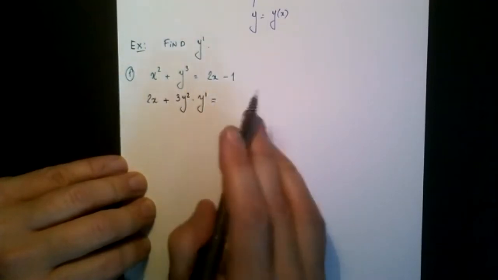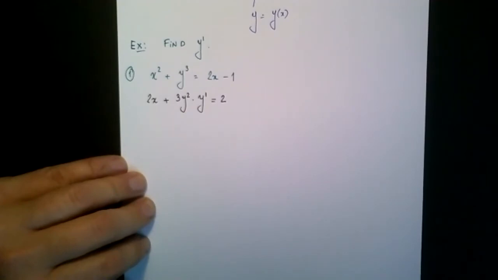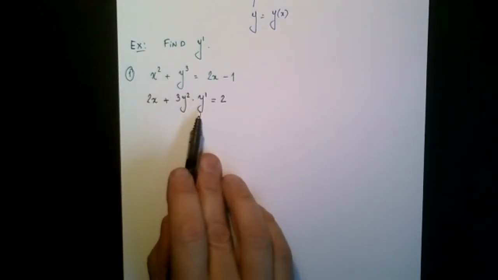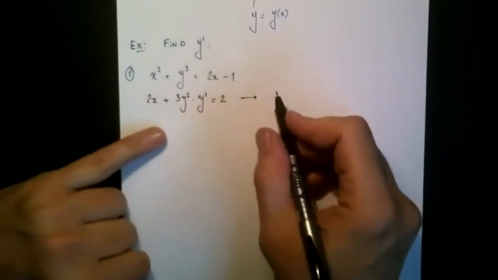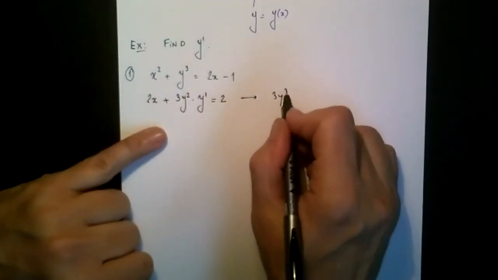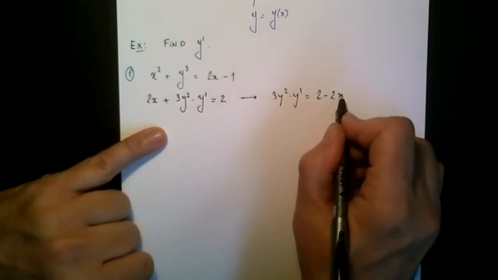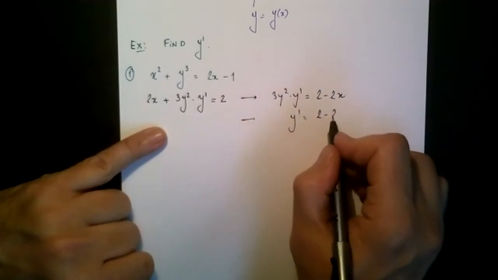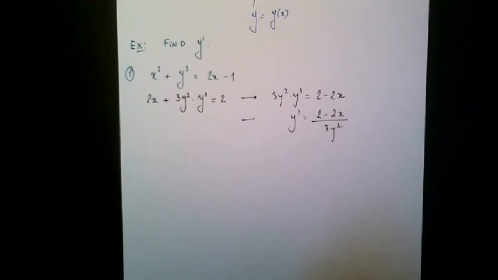Equals, and here this is of course 2, and the minus 1 disappears. Do you get it? And now I could isolate y prime, and I'll be done. So 3y² times y prime is equal to 2 minus 2x, and therefore y prime is (2 minus 2x) over 3y².